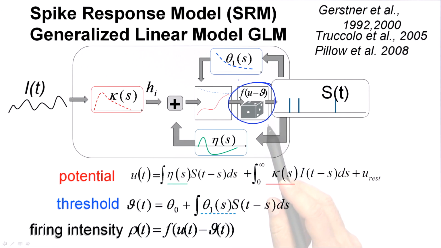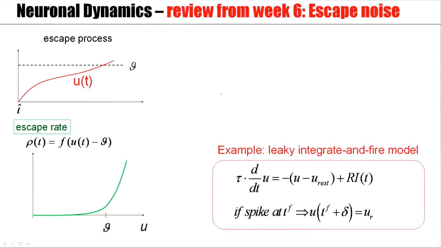We now say that firing is a stochastic process with a firing intensity that depends on a momentary distance between the membrane potential, that would be the red trace here, and the threshold. So even though the membrane potential hasn't reached the threshold yet, there is already a probability that the neuron may fire.